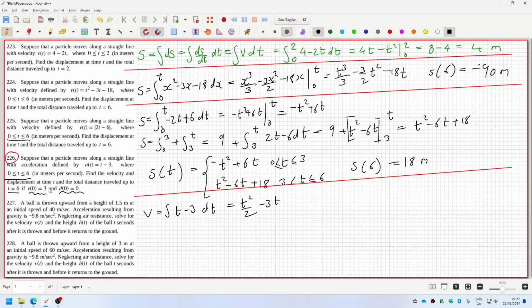But when t is 0, we need a 3, so there's a constant of integration here. But 0 to t.